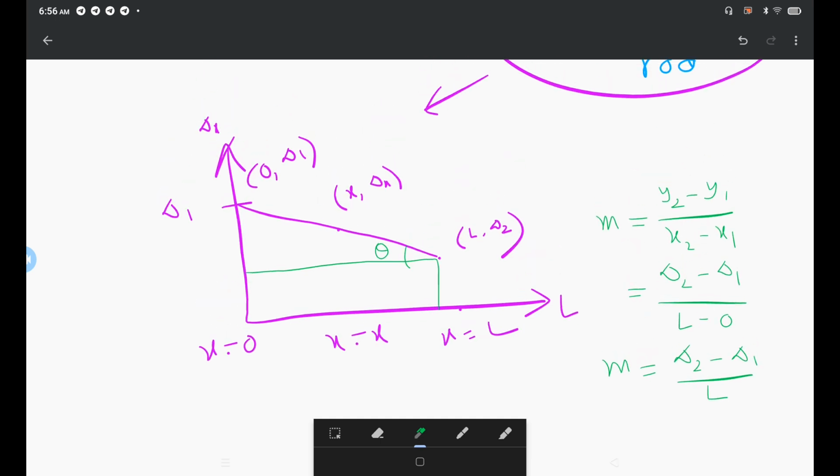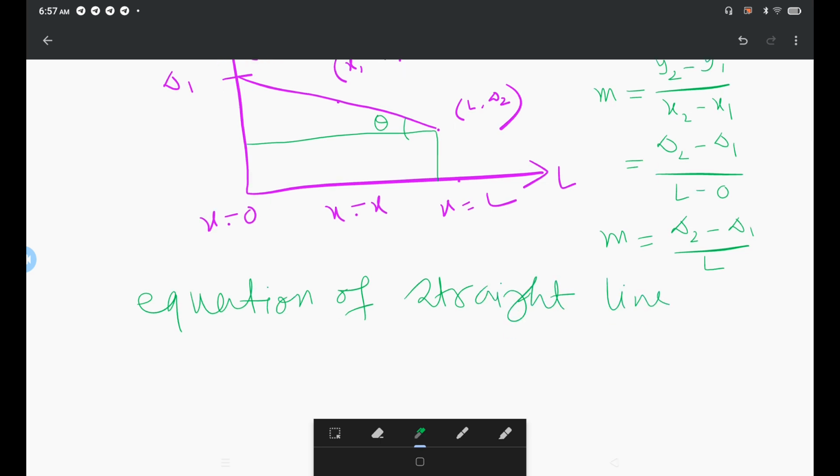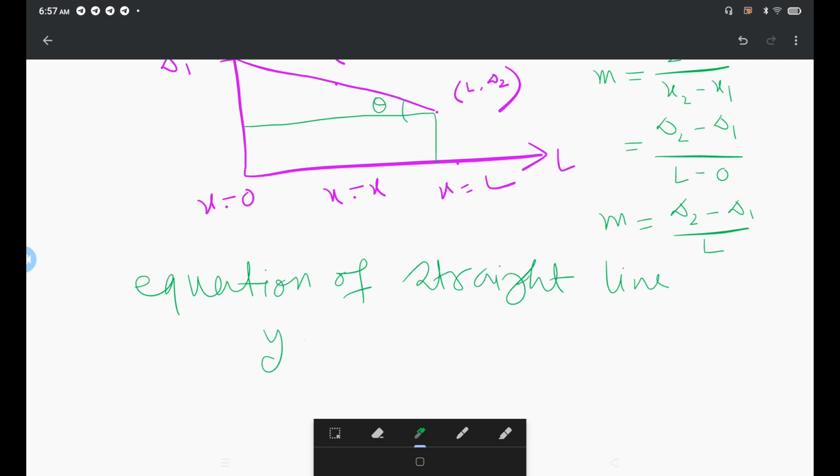We know that the equation of a straight line is y equals mx plus c.